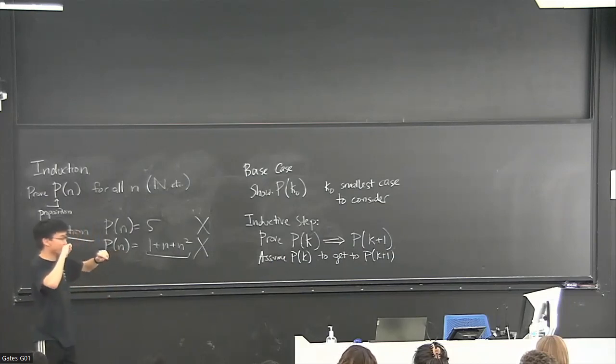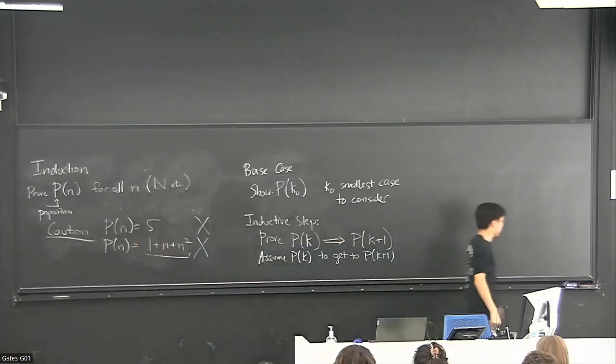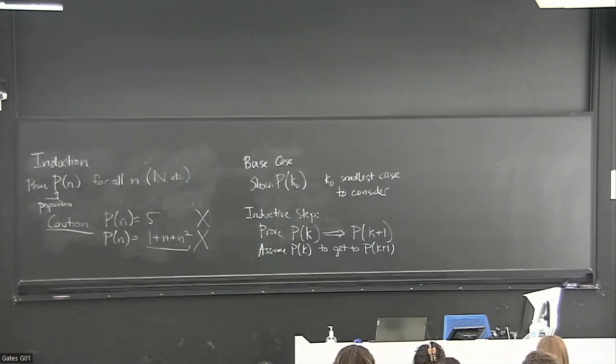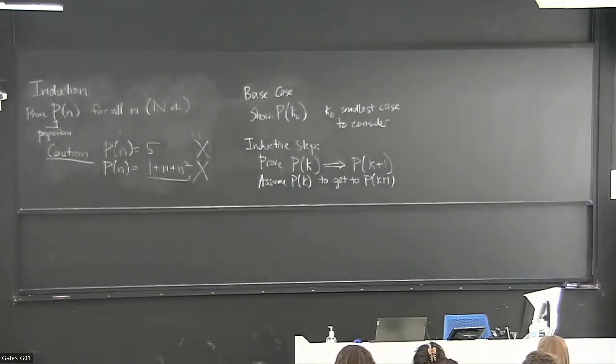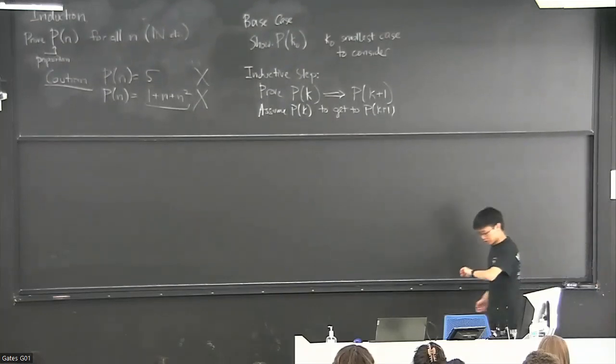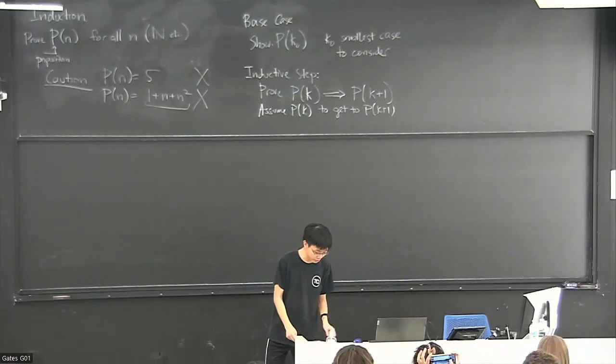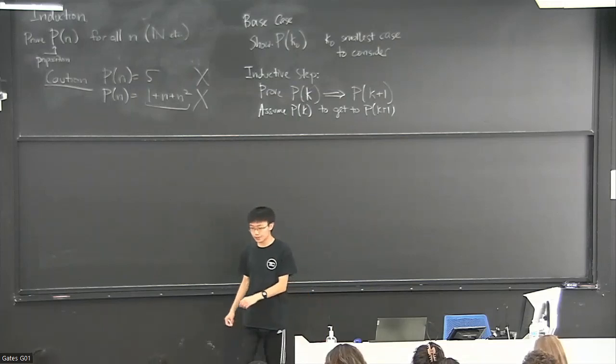And I think I could probably answer this question better by giving you an example. I'm going to do two examples from the practice questions. I'm going to start with question 3, and then if we have time, go to question 4.